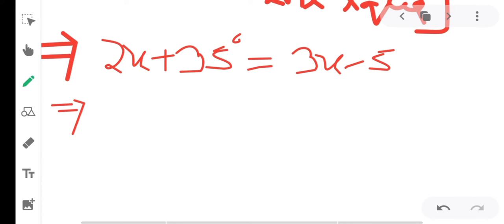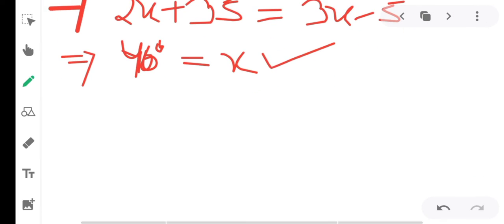Clear? Now this will be 35 plus 5 equals 40 degrees, equal to 3x minus 2x, which is x. So x equals how much? 40 degrees. x equals 40 degrees. This is the value of x.